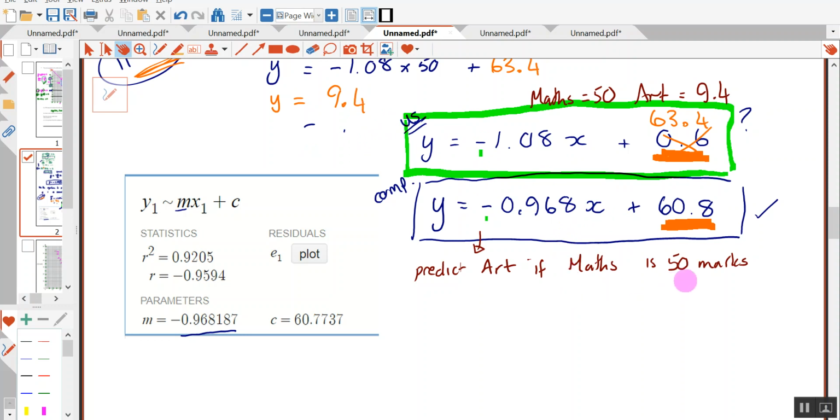So I want to know if maths is 50, which one is maths, the x or the y? Maths is the x. So we replace the x with 50 again. So for the computer this time, instead of negative 1.08 times 50, we're now doing negative 0.968 times 50, and then adding 60.8.